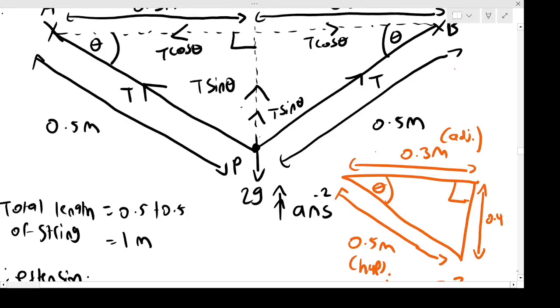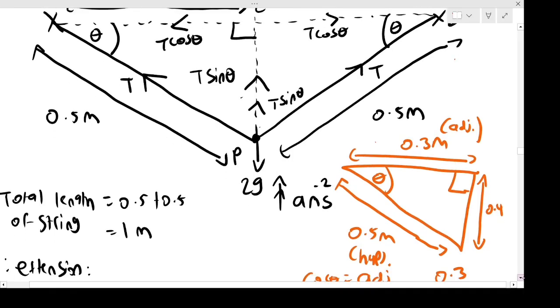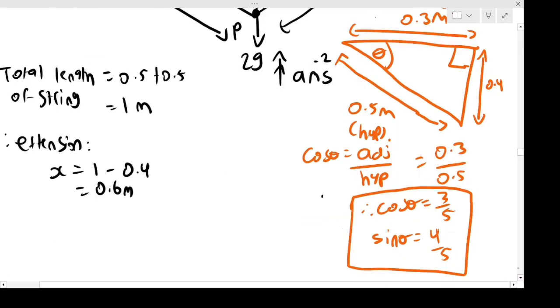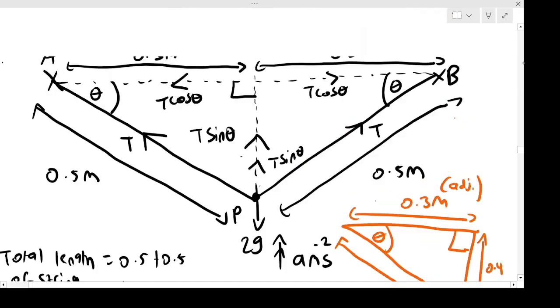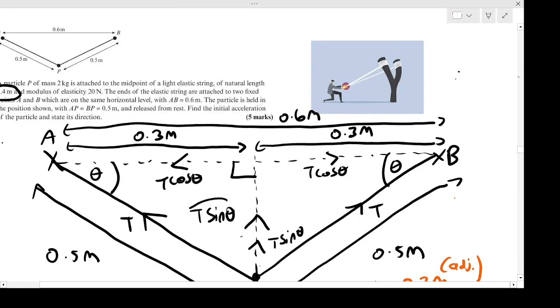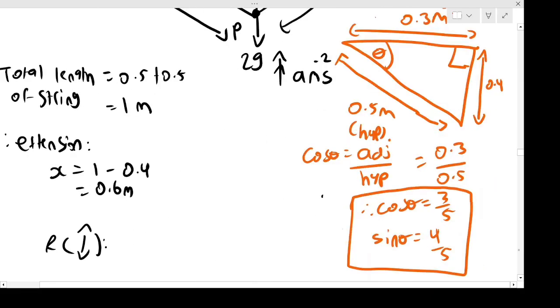So now if I resolve up and down, my upward forces are here, so it's T sine theta and another T sine theta, so it's going to be 2T sine theta.